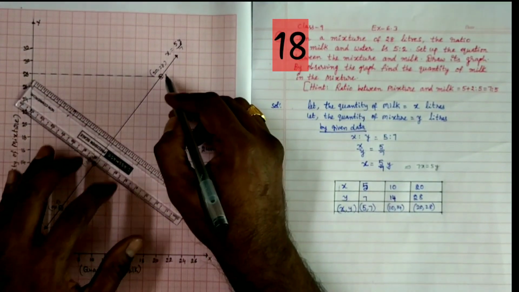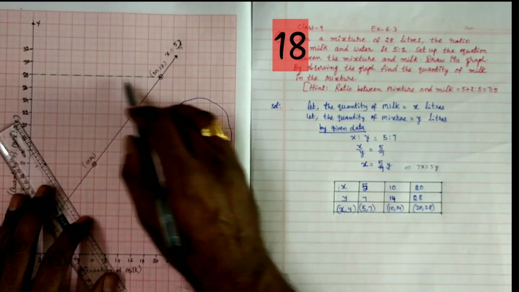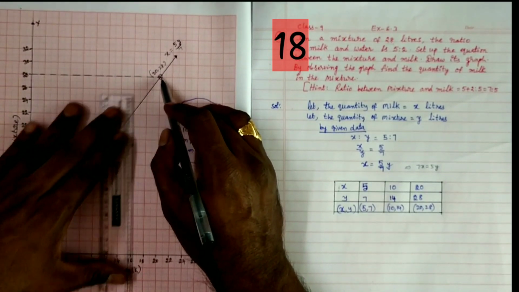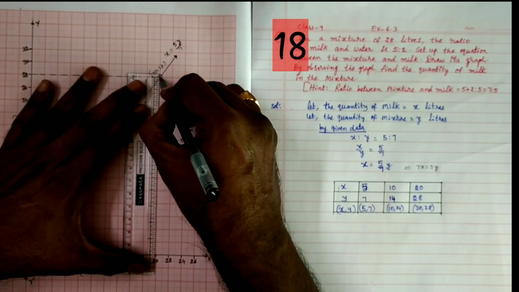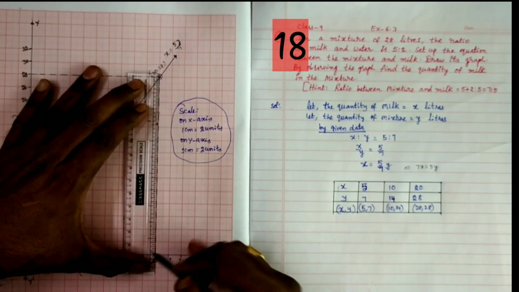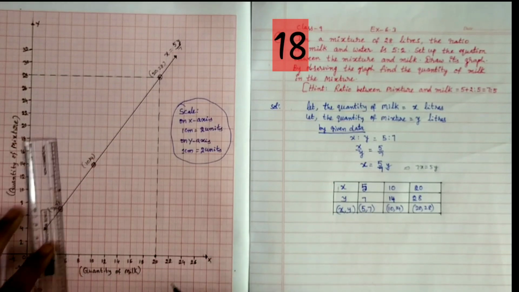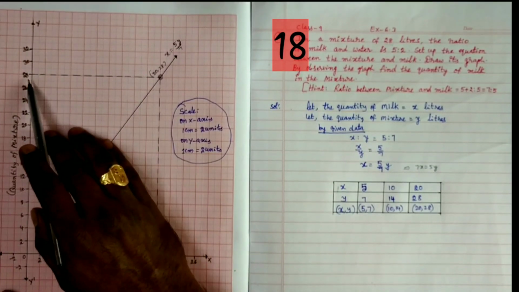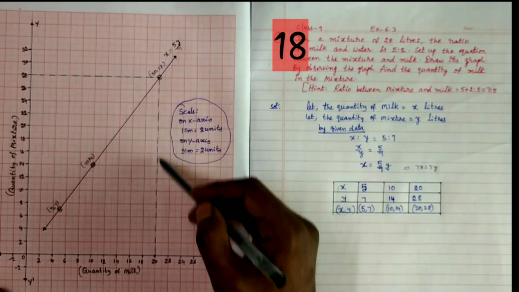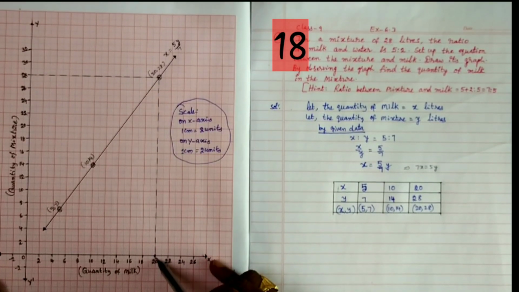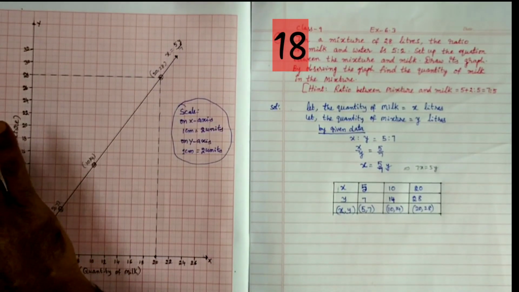At this point to this dotted line, draw a perpendicular line to x-axis. So when 28 liters of mixture, then the quantity of milk is 20 liters. So this is the answer.